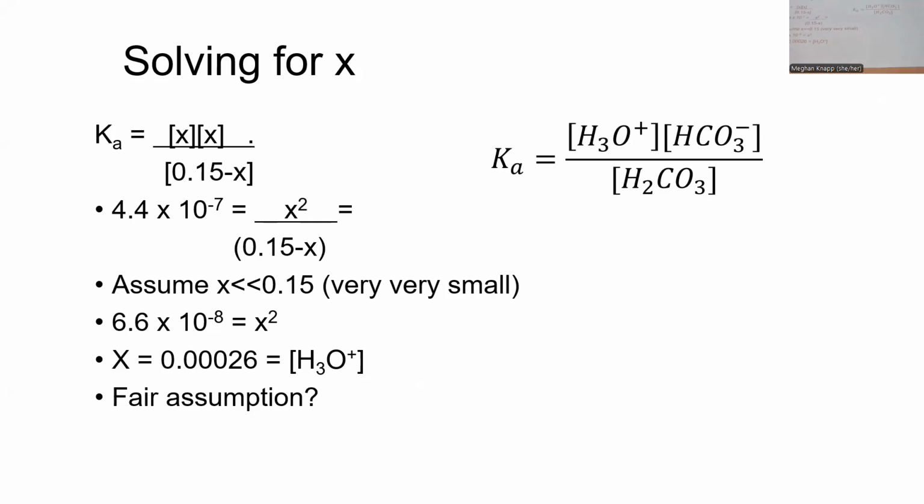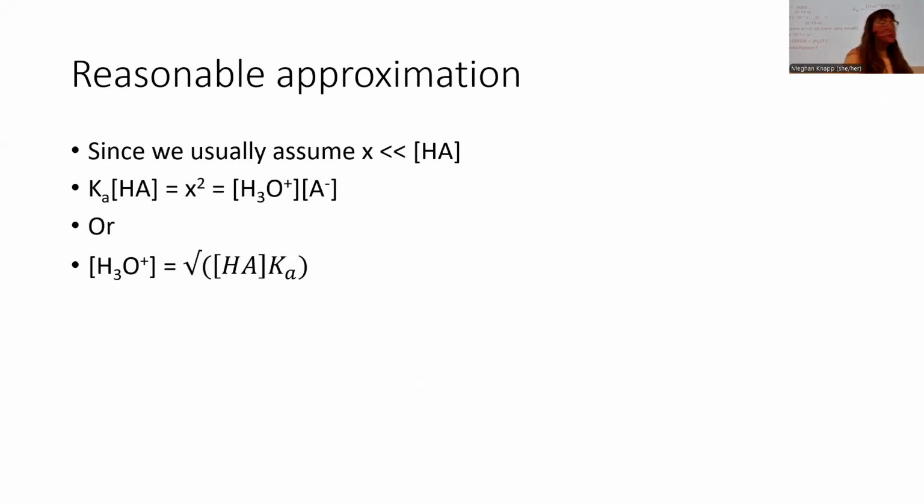So we're going to ask ourselves, was it a fair assumption that this was really small and wouldn't affect the 0.15? Well, if we compare the two, that 0.00026 is so much smaller than the 0.15, it wouldn't have affected it at all. So that was a fair assumption. All right, so generally, this is going to be a reasonable approximation for problems that I give you.